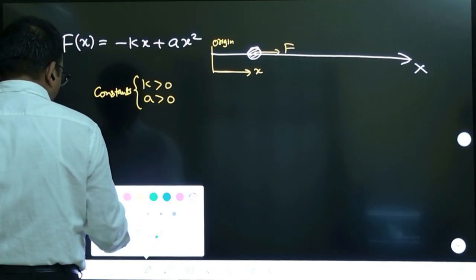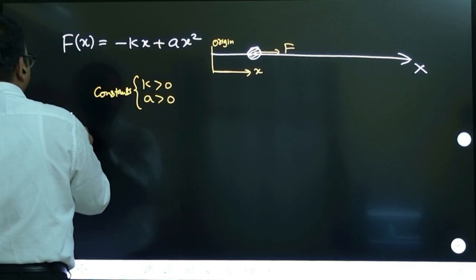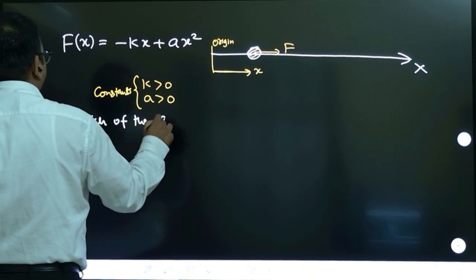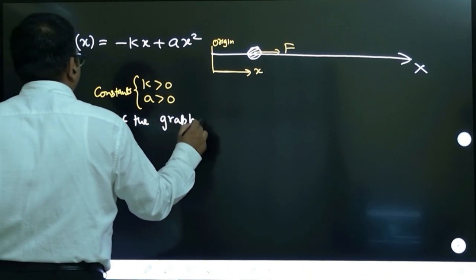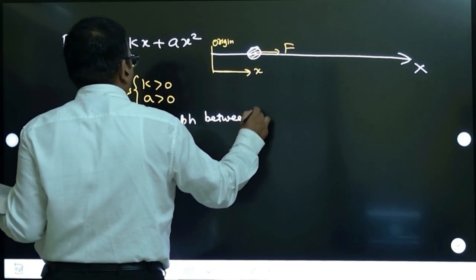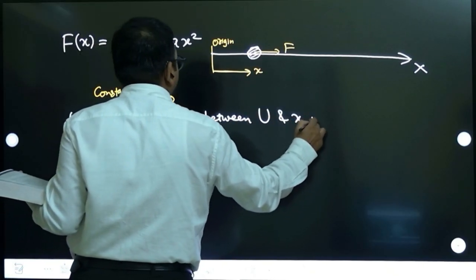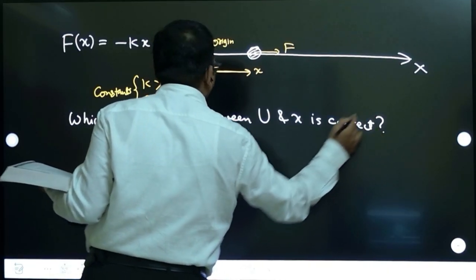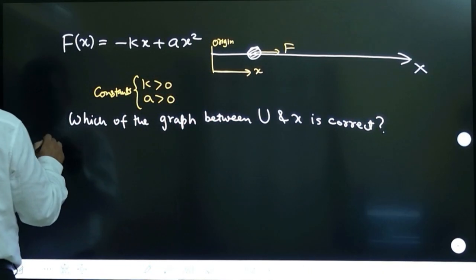Then they are asking about the functional form of potential. Which of the graphs between potential energy and x is correct? So I will draw the graphs. You have to choose which graph is correct.